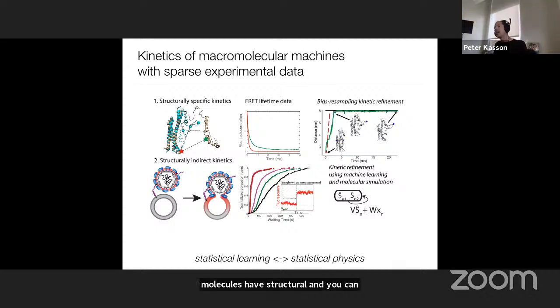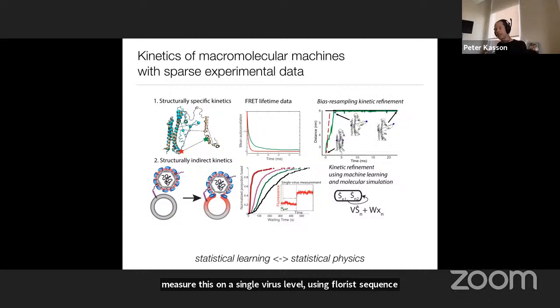And that yields one set of methods to try to understand how macromolecules have structural and kinetic diversity. The other is a class of more challenging data that I would say are structurally indirect, where we have reporters on a biological process. The example that I'll use, and we'll go into more detail, is for looking at viral entry, where we can measure this on a single virus level using fluorescence dequenching.